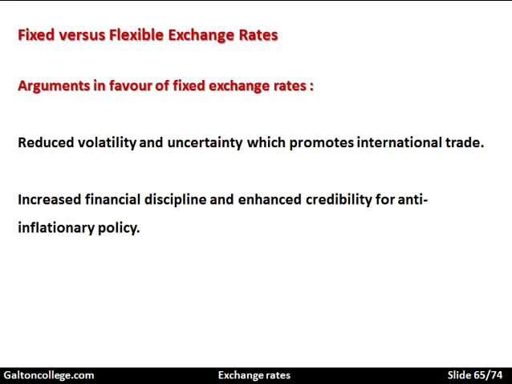There would also be increased financial discipline and enhanced credibility for anti-inflationary policies. So greater financial discipline, because governments had to hold the exchange rate fixed. And that meant they had to make sure that the rest of their economic policies were such that the exchange rate could be held fixed.